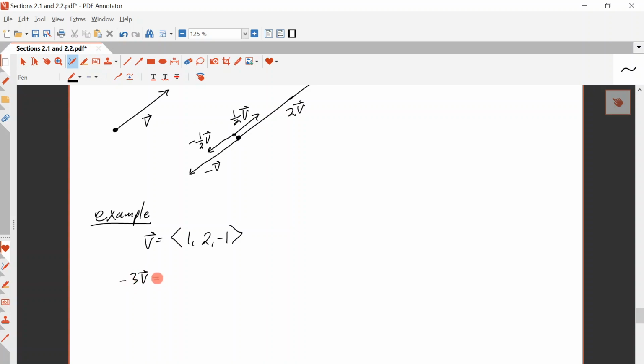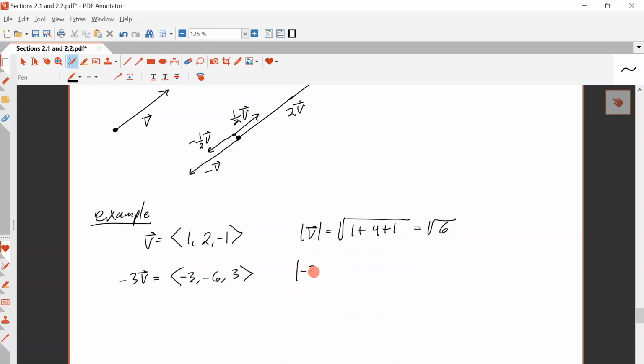Then minus 3V is therefore equal to minus 3, minus 6, positive 3. The length of V is equal to the square root of 1 plus 4 plus 1, just square root 6.